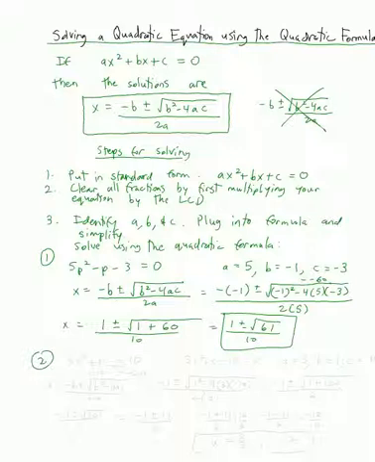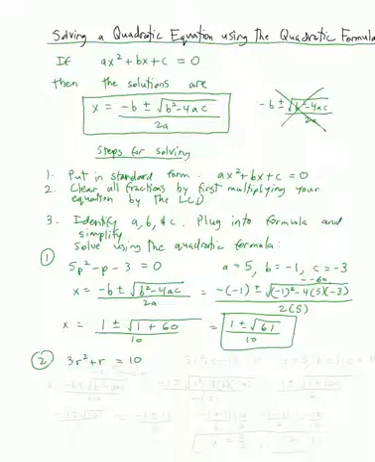Alright, let's try another one. 3r squared plus r equals 10. Okay, so a common mistake that we usually see is that students will immediately write down the a, b, and c without first checking to make sure that it's in standard form.